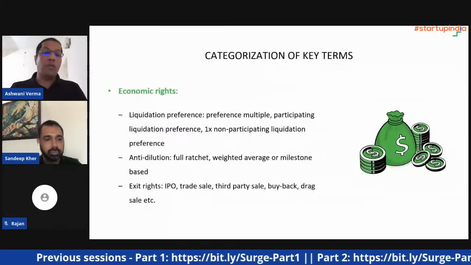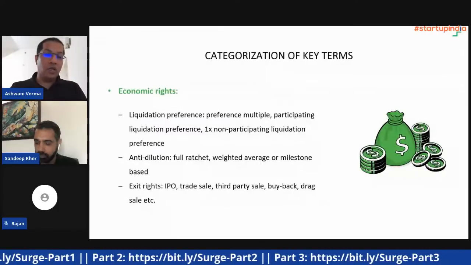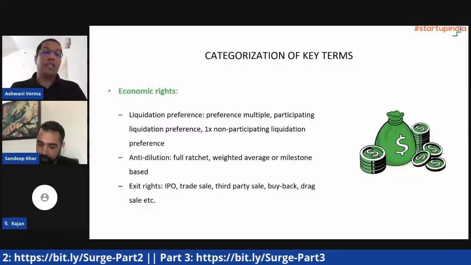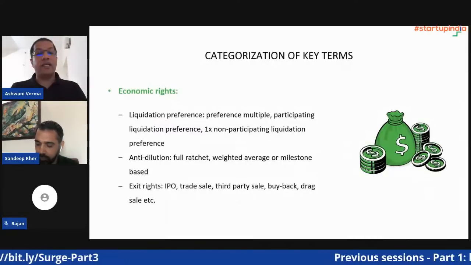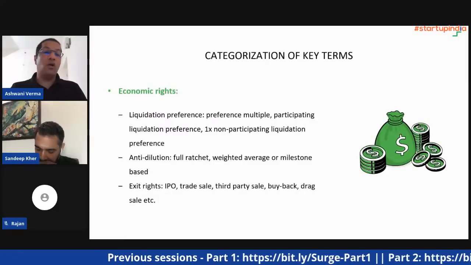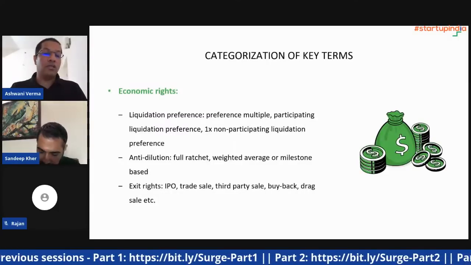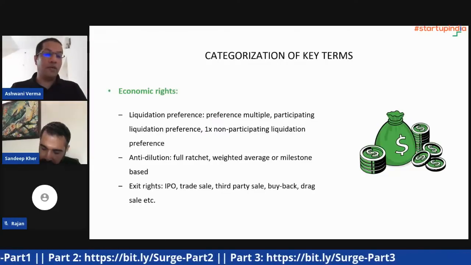Some of the most commonly used exit rights we have seen are IPO, which is the listing of the company on stock exchanges, then trade sale, which is also referred to as strategic sale sometimes, which would result in more or less the sale of the entire company to a prospective buyer, or at least transfer of such number of shares which would result in change of control at the company level.